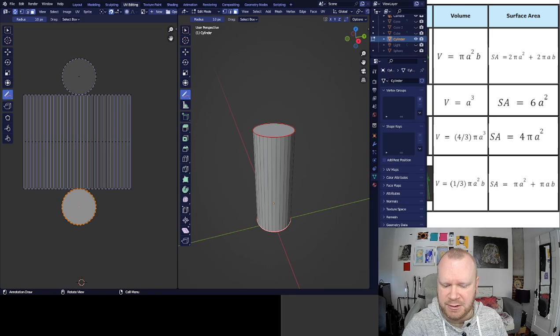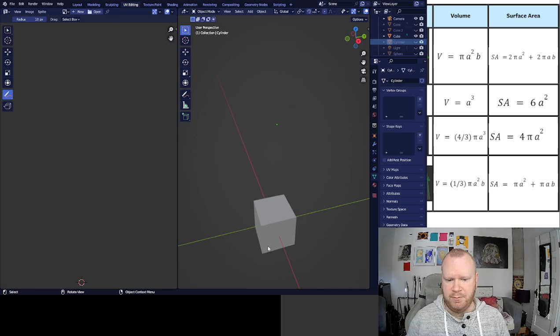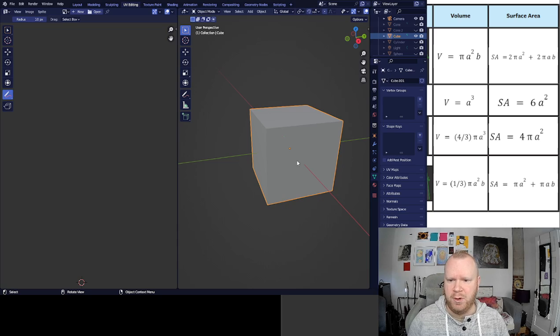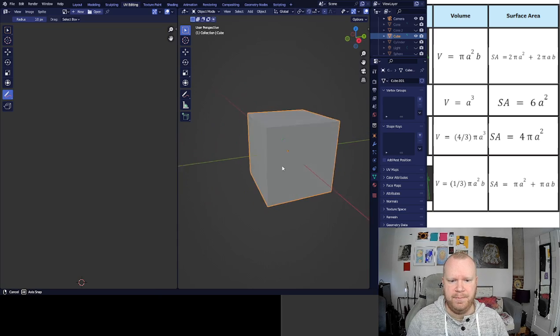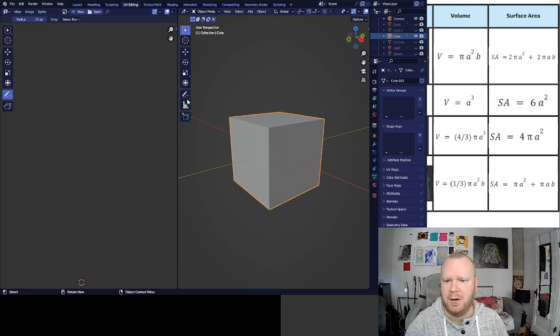This is Blender that I've made these in. I'm going to start off with the cube because that's sort of the easiest primitive to start working with. A cube has length, width, and height that are all going to be the same dimension.